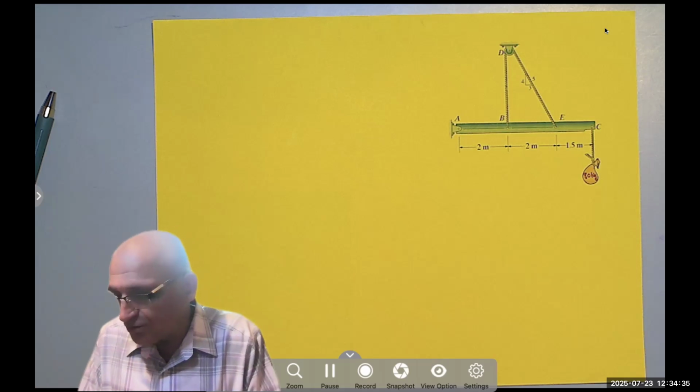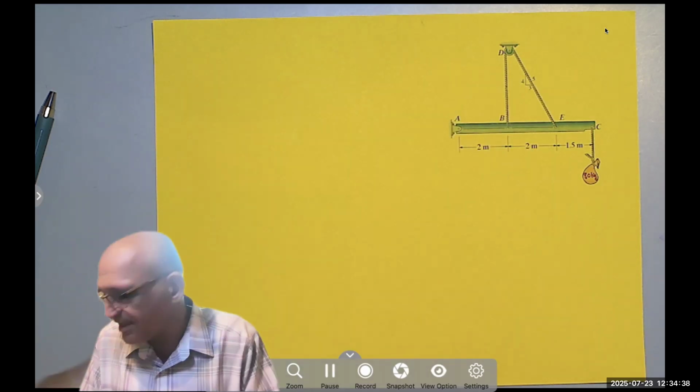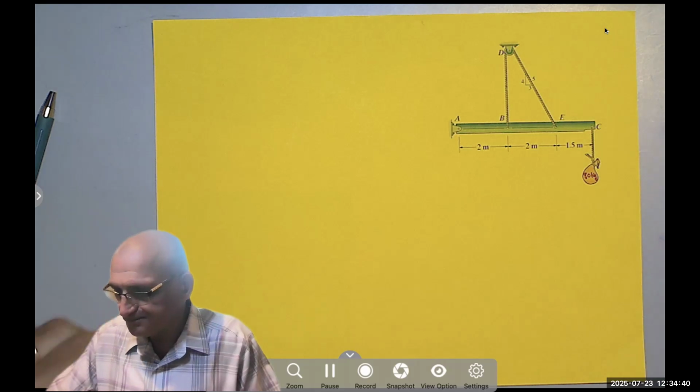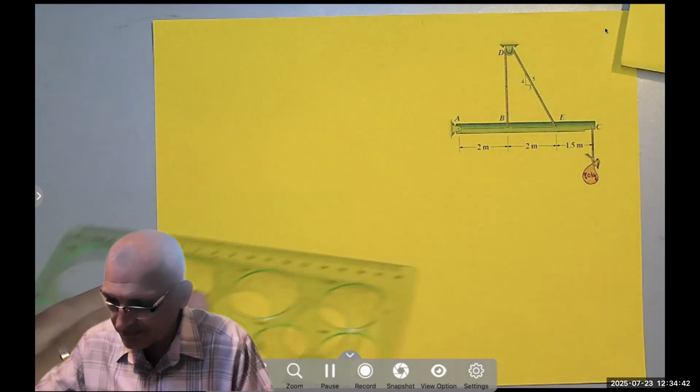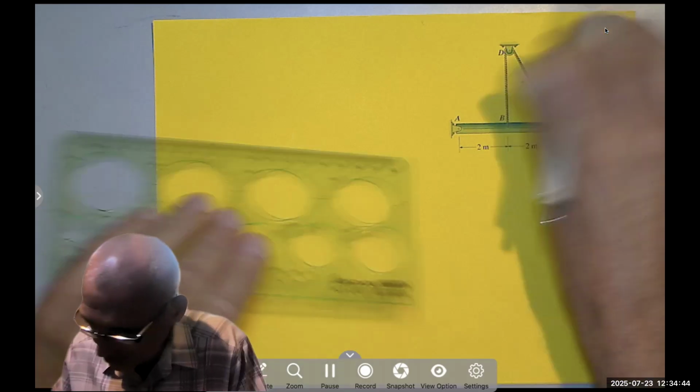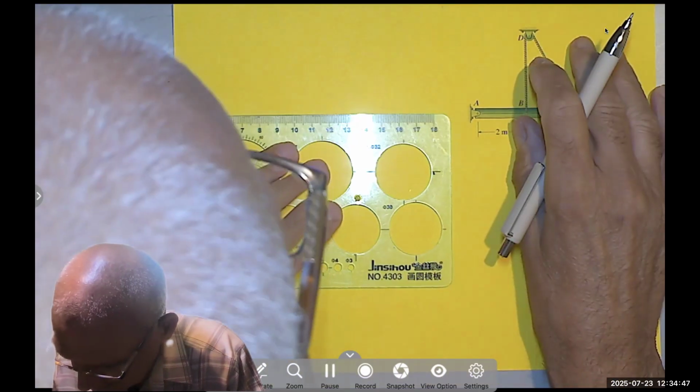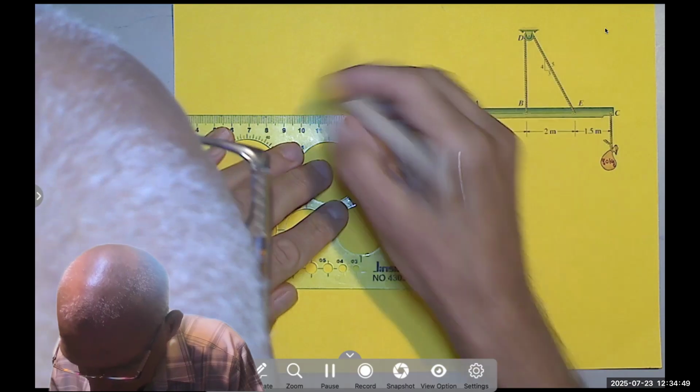Okay? So how do I draw a free body diagram of this beam? We are going to draw the beam as a line like we always do.